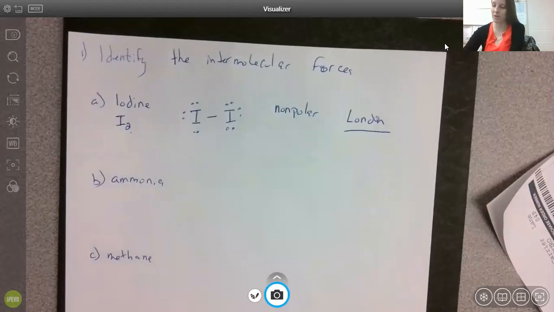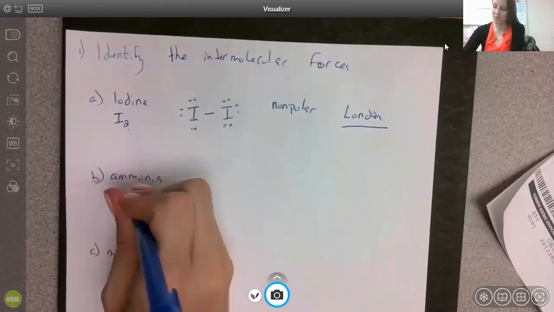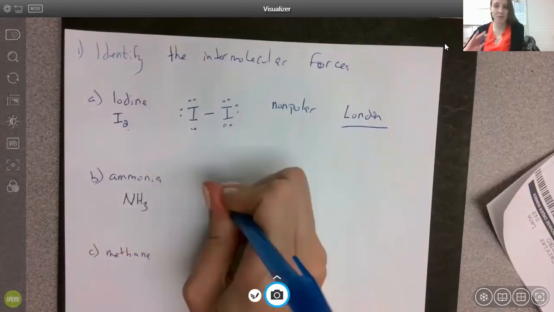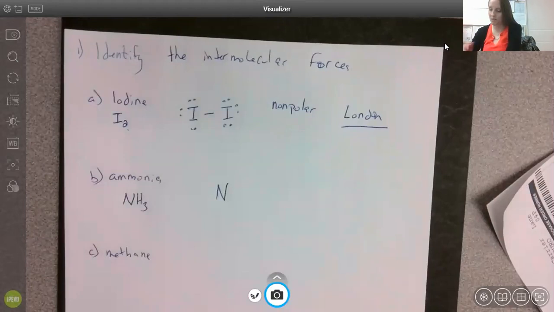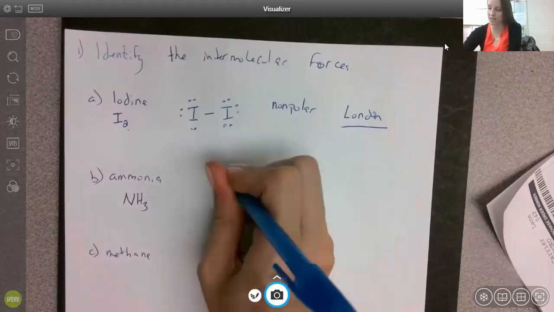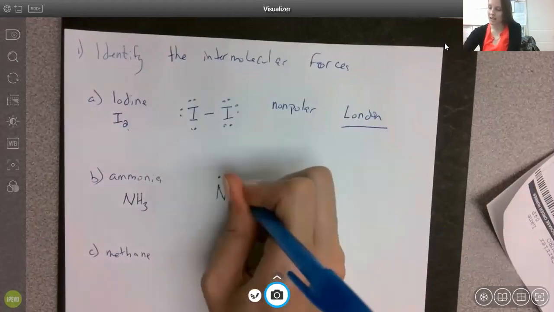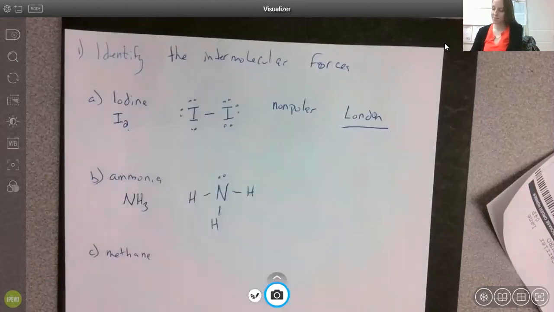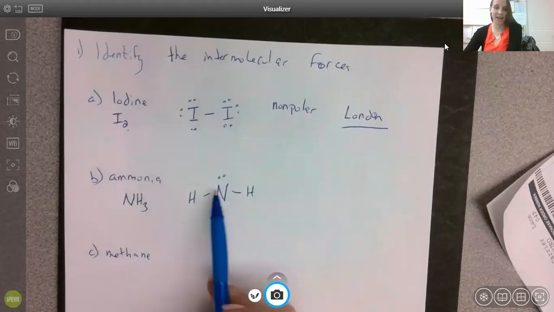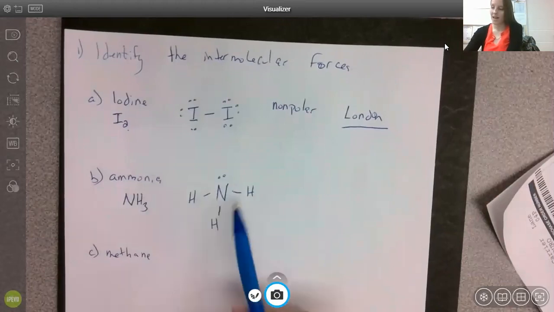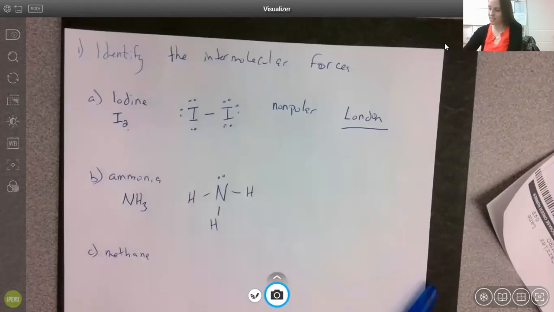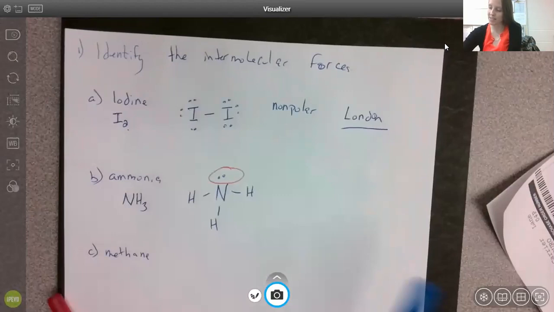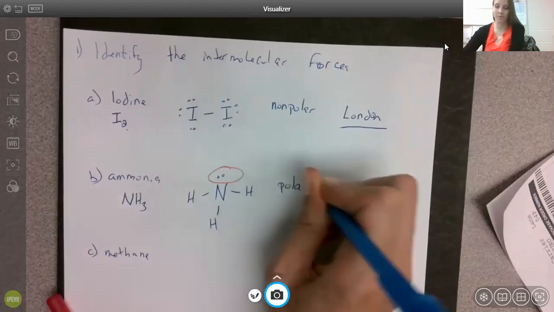Next up, we have ammonia, which is NH3. So if I draw this out, and again, do your sausage diagrams if it helps you, absolutely do that. I would actually recommend doing it, but you don't have to if you don't need to. Ammonia would look like this. This is trigonal pyramidal, and because of these unpaired electrons around my central atom, I know that this is definitely polar.